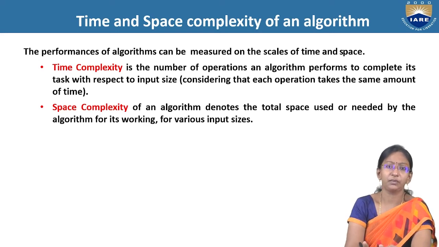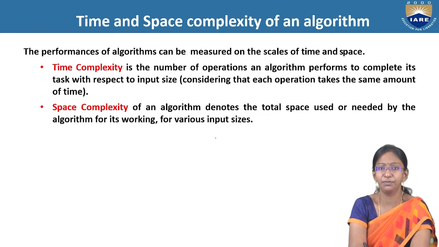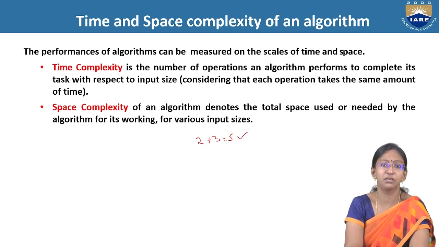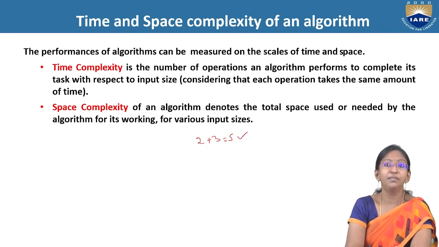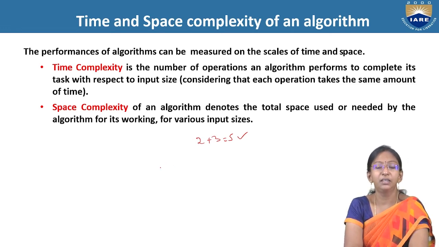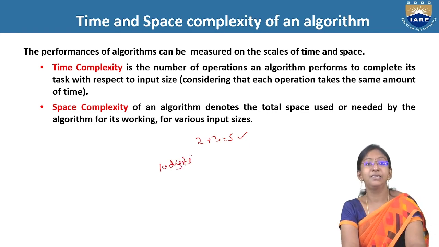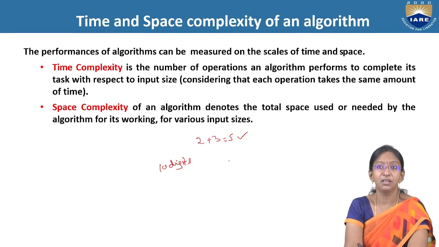For example, for addition of two numbers. Say the algorithm is meant for addition of two numbers. Don't just give 2 plus 3 and get 5 and clap, because then the time complexity is very less. Don't do that. Give a huge number, say both numbers having 10 digits, and try to add them and see how much time it takes. Say, any value which is power of 9 or power of 10.